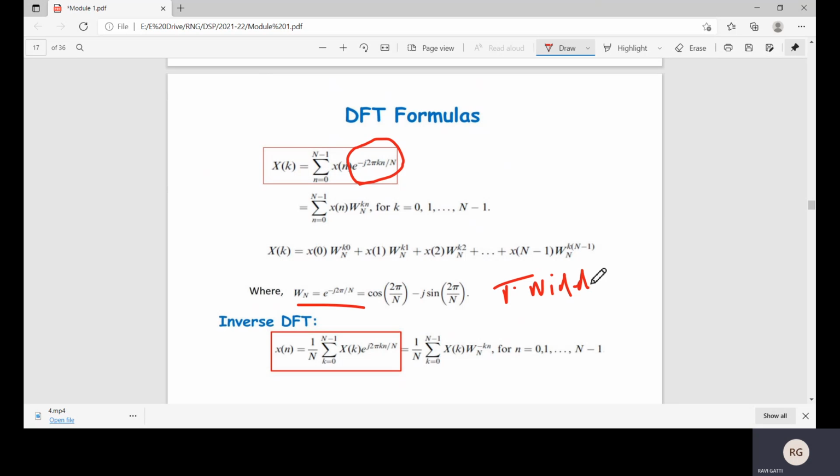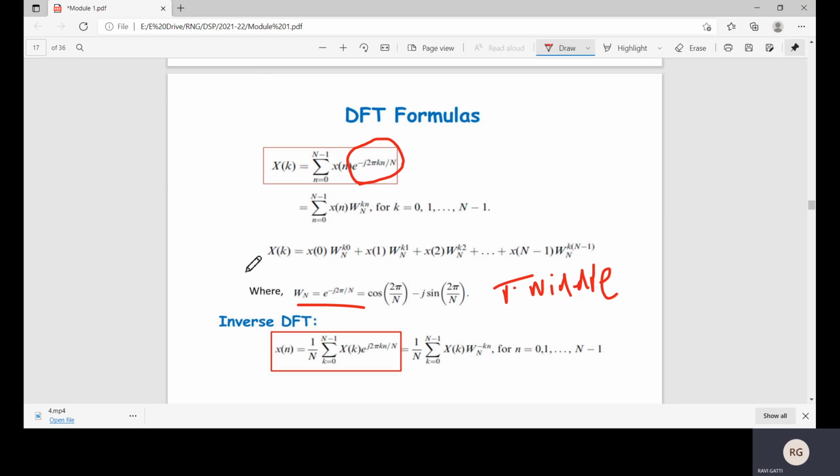We will use this twiddle factor to represent the DFT and IDFT expressions, where the twiddle factor is given by W of N, or omega of N. So omega N is nothing but e power minus j 2 pi by N, which is cos 2 pi by N minus j sin 2 pi by N.